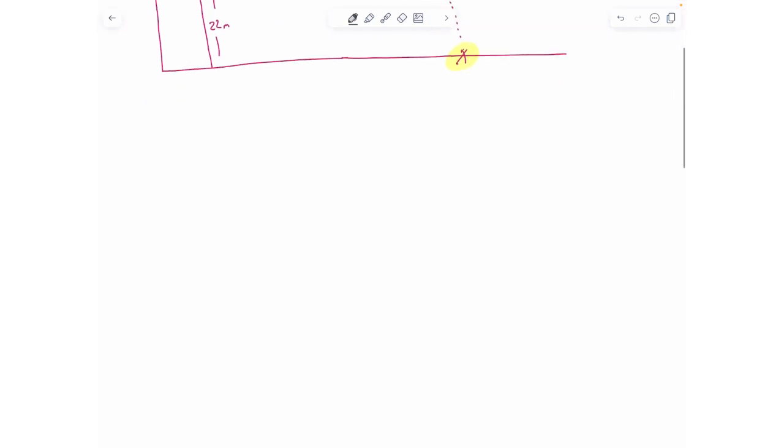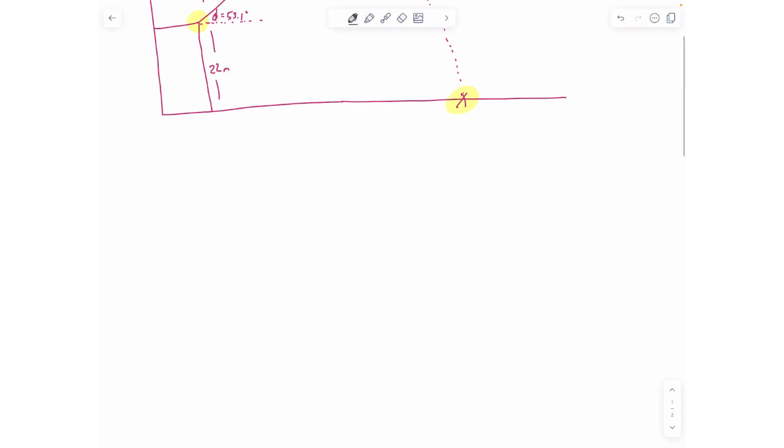I want to solve this using energy formulas. So let me redraw my building here, and the ball is thrown here. It goes in this ballistic trajectory and hits here. Initially, the ball has some potential energy, which I'll call PE0, its initial potential energy.